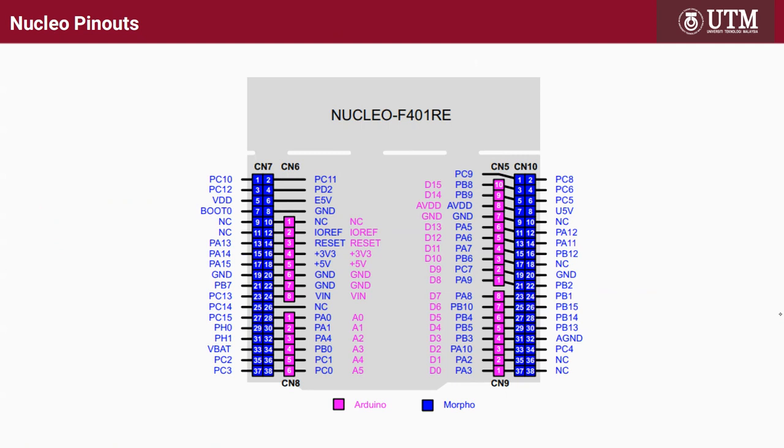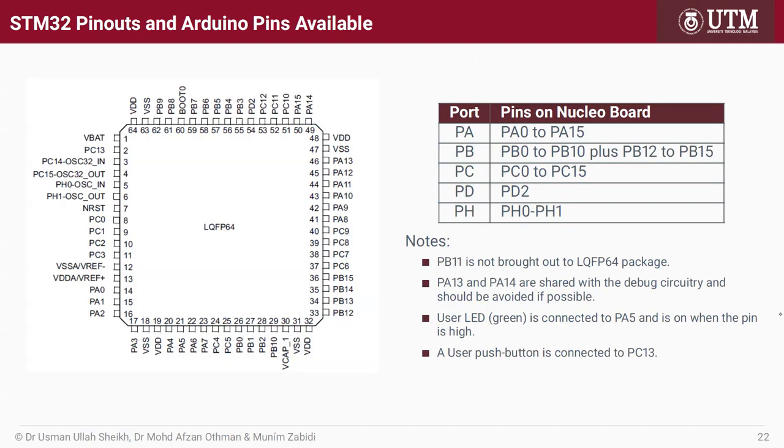You can access almost everything. On the Nucleo board, we have all pins from port A. So if you want to do interfacing, you can use port A. Where is port A?